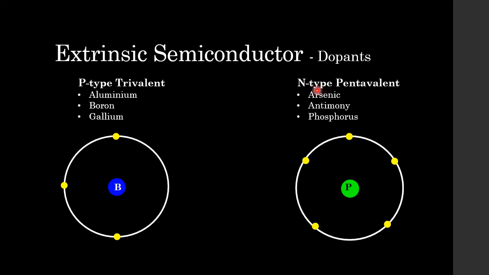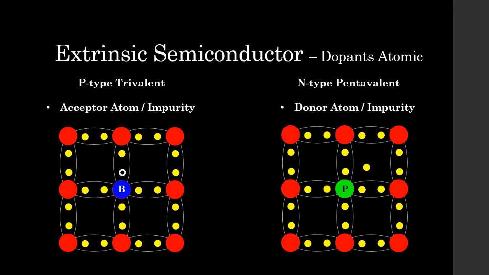Other examples of pentavalent elements that can be used are arsenic and antimony, and for trivalent, other examples are aluminium, or if you're American, aluminum, and boron. So what does this actually look like in the crystal lattice? Here we are, extrinsic semiconductors in the crystal lattice.